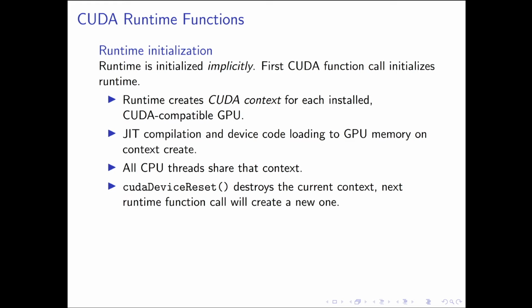If there is no context, then the first call will implicitly cause the API to initialize the context, and then when the next runtime API functions are called, the runtime will just figure out that the context was already initialized and will not initialize it again. There's also a function called cudaDeviceReset, and the device reset internally will destroy the current context, and the next runtime function that is called right after will try to create a new context. So with CUDA, all this is implicit.